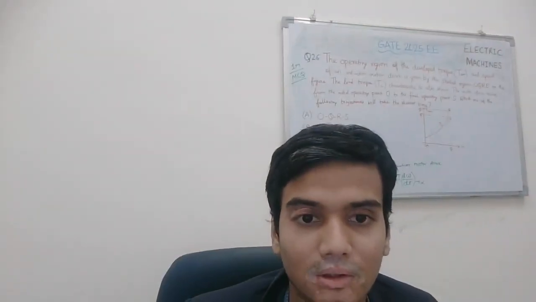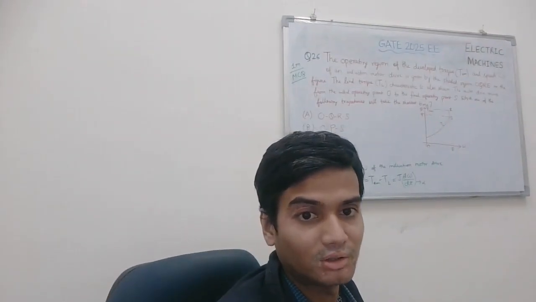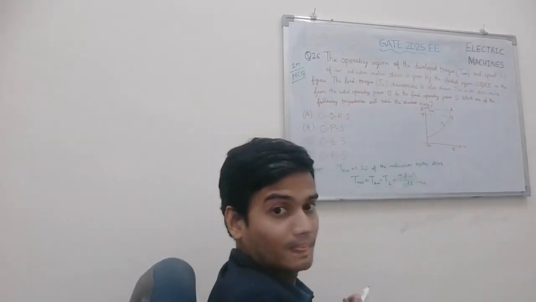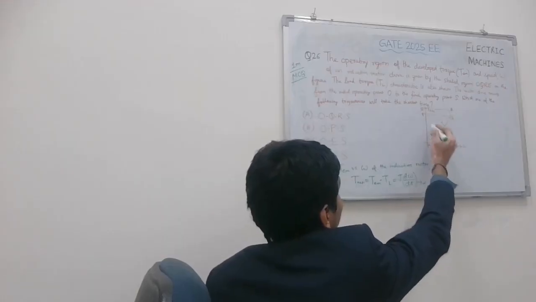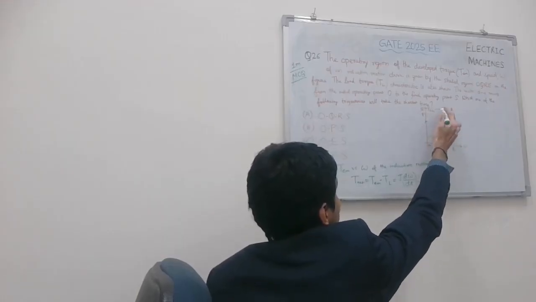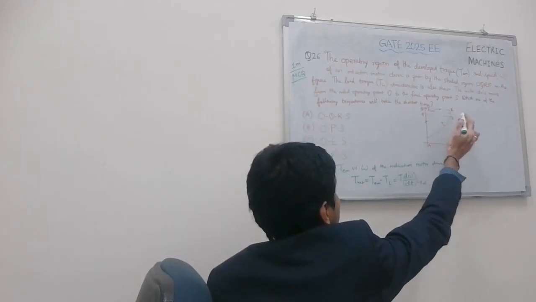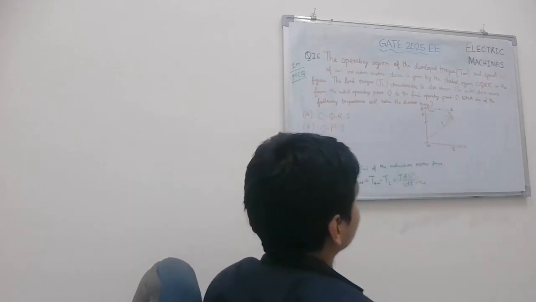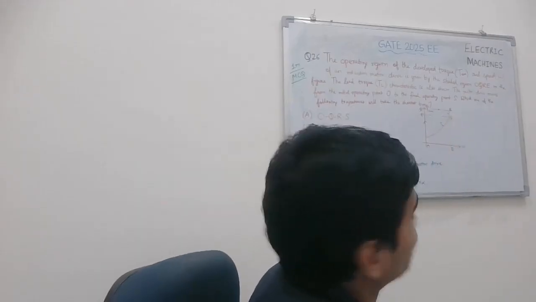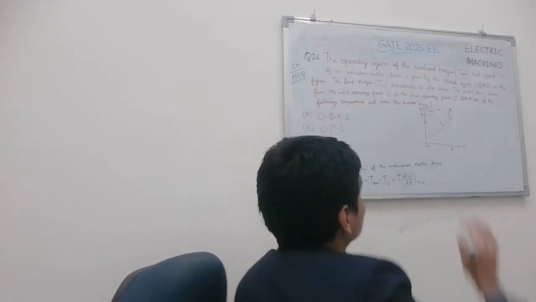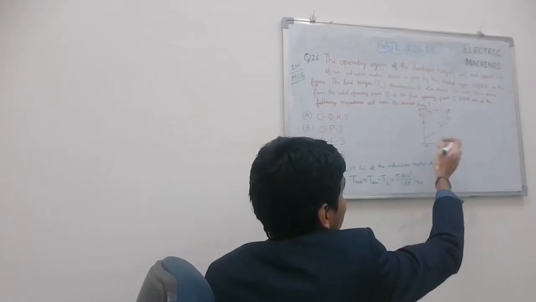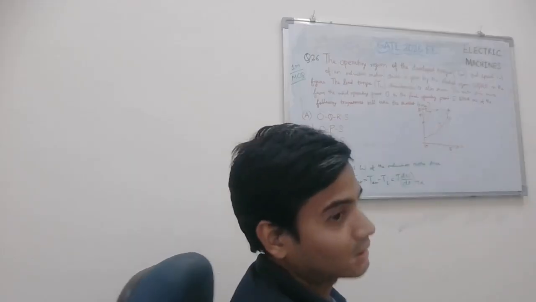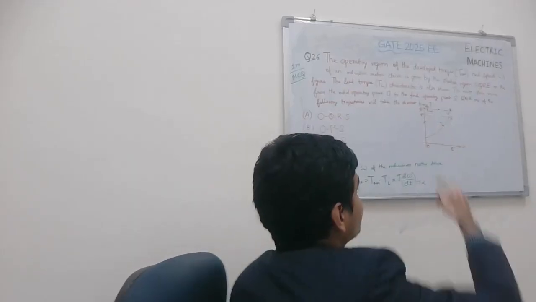So first, let's start with OQRS. For OQ, the developed torque T1 is higher than the load torque, with an instantaneous change.